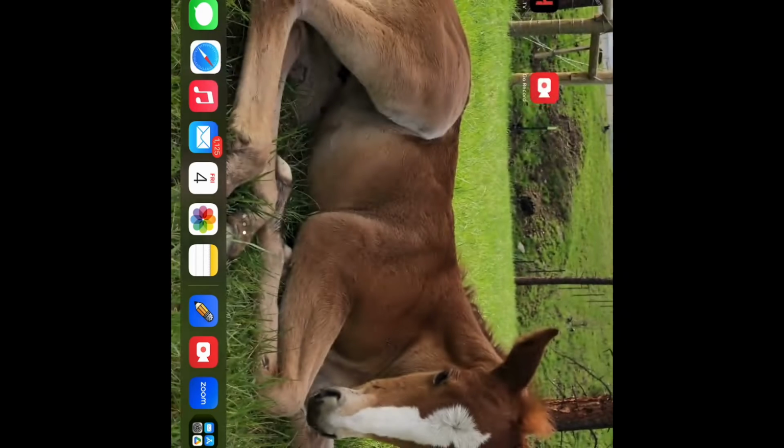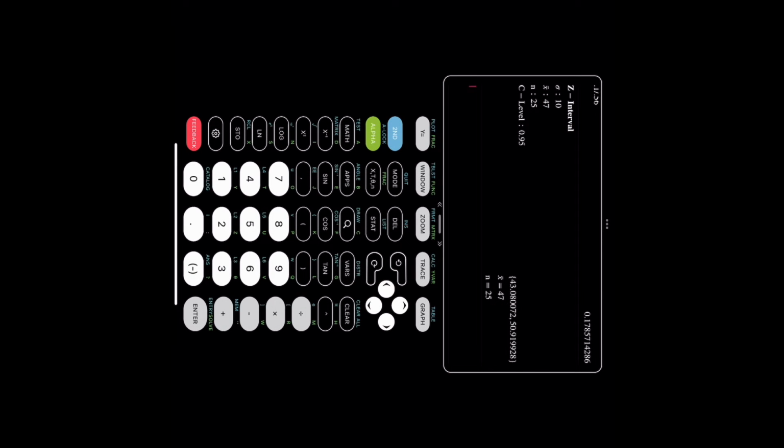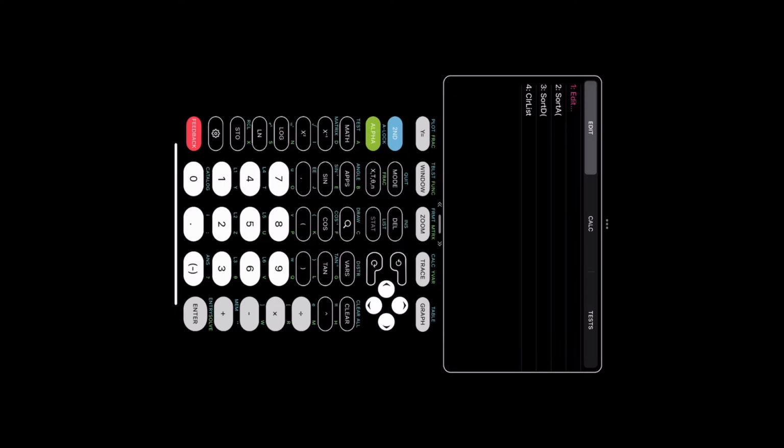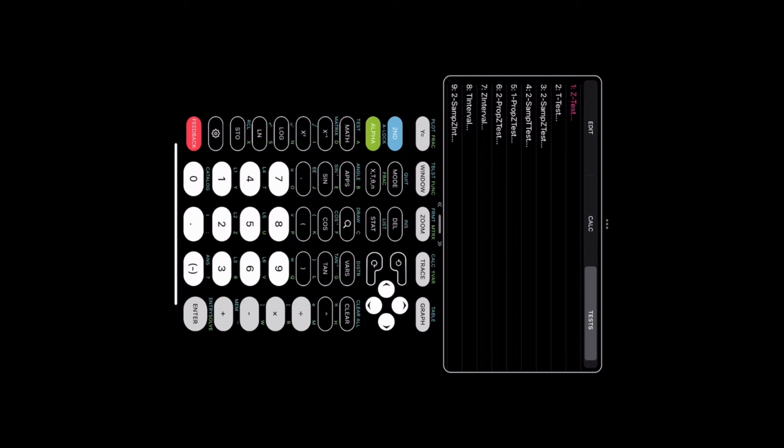So if I'm doing that on my calculator, I would go stats, tests, or rather second distributions, inverse T right here, enter.